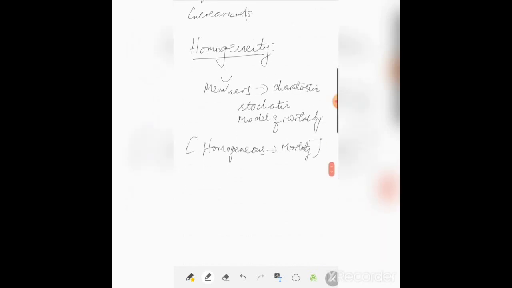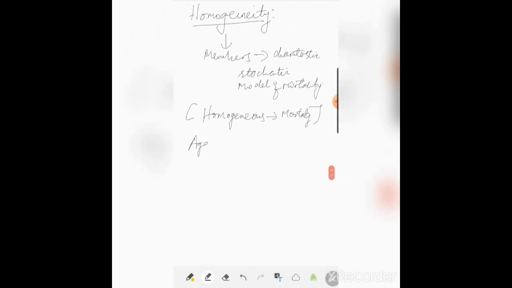So it could be a grouping based on age, gender, type of policy, or a grouping based on smoking status. You can think of so many criteria, or duration of the policy, the age of the policy, how long the policy is in force, or you can look at the size, like the sum assured associated with the policy.